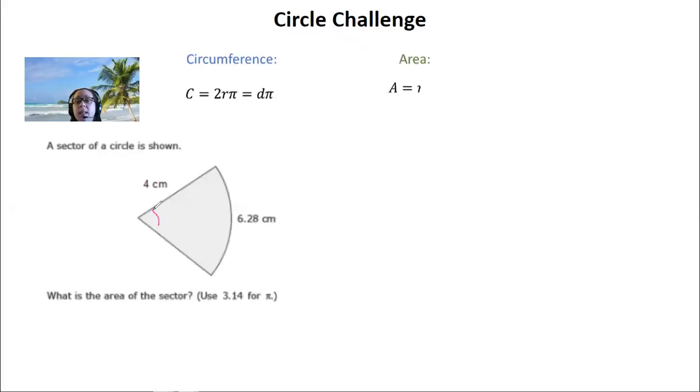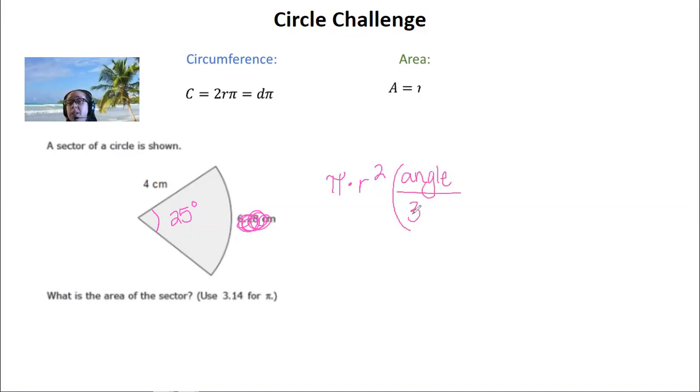We're going to say this angle is, let's say, 25 degrees. Same deal. I'm going to take pi times radius squared. We're going to ignore this for now.